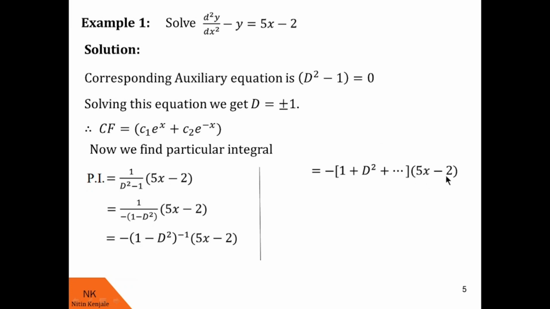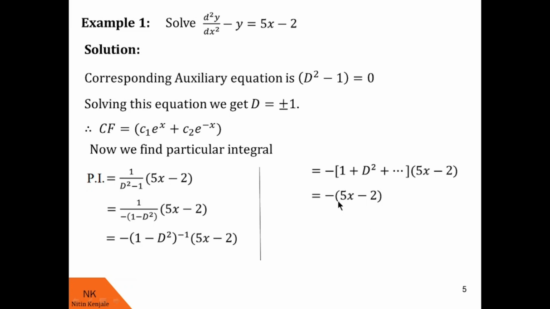The first derivative of 5x minus 2 is just 5 and the second derivative will be 0. Therefore D square of 5x minus 2 is 0. So we are left with only 1 into 5x minus 2, that is just 5x minus 2, and a minus sign outside. Further, higher derivatives of 5x minus 2 are also 0, so we neglect to write them.